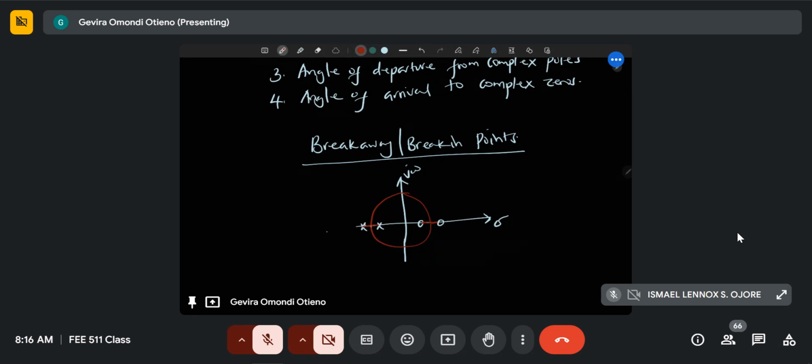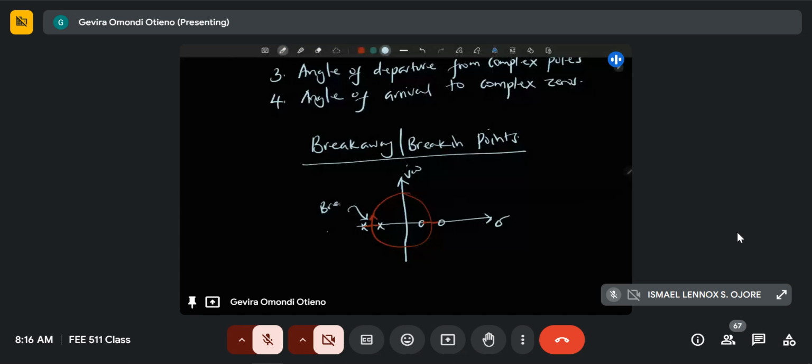Okay. So now we clearly know that there's a point at which the root locus will leave the poles as it goes to the imaginary axis. Those points are what we refer to as the breakaway point.